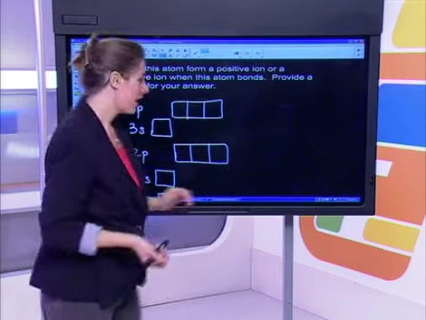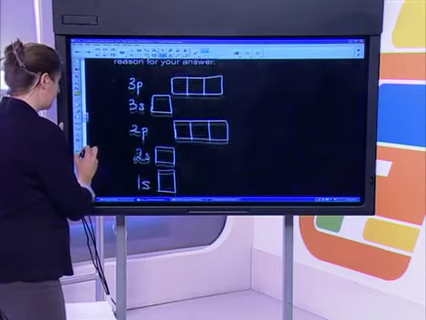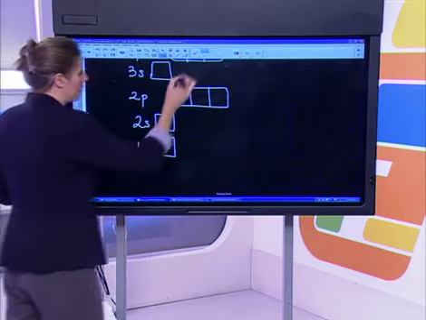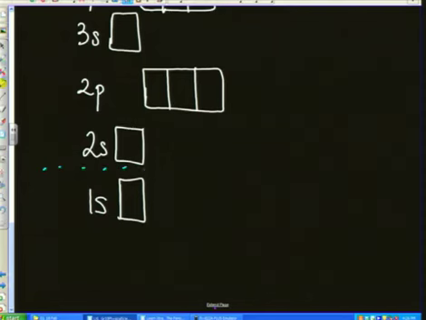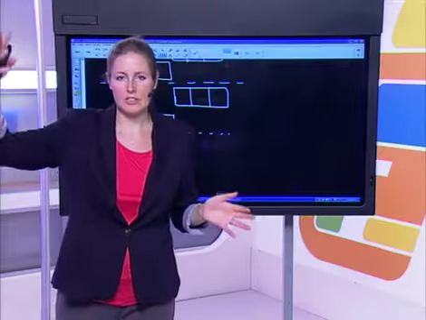So, firstly, I want you to notice that we've got 3 energy bands. I'm drawing little dotted lines across here because I want you to pick up that this is going to be the first energy level, the second energy level, and then the third energy level. And it will continue, 4, 5, etc.